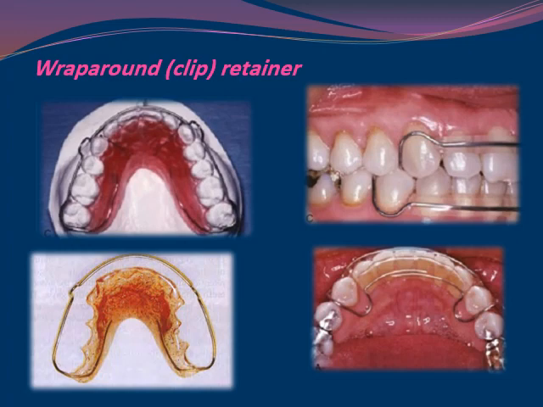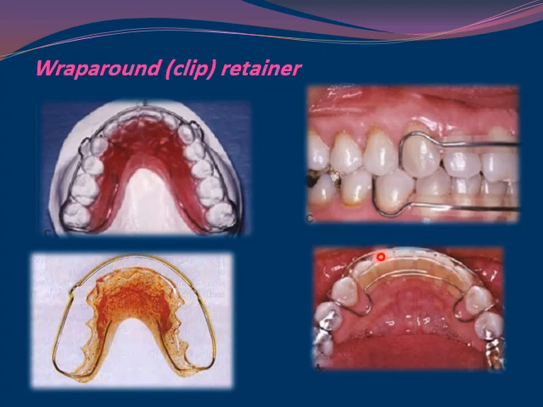There is a modification of wrap-around retainer that is called clip retainer. Clip retainer is the same as wrap-around retainer, but it includes just the anterior segment of teeth, incisors and canines, whether the upper anterior segment or the lower anterior segment.